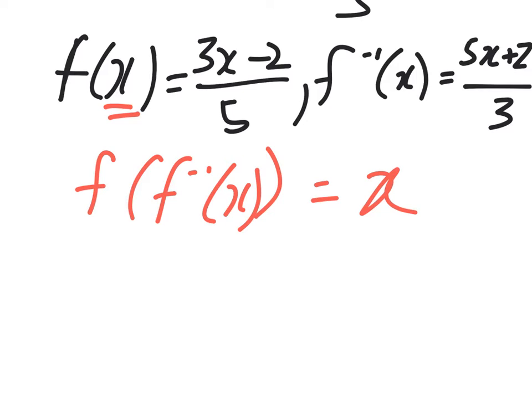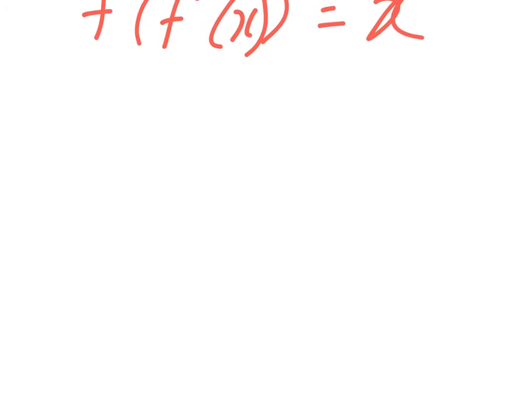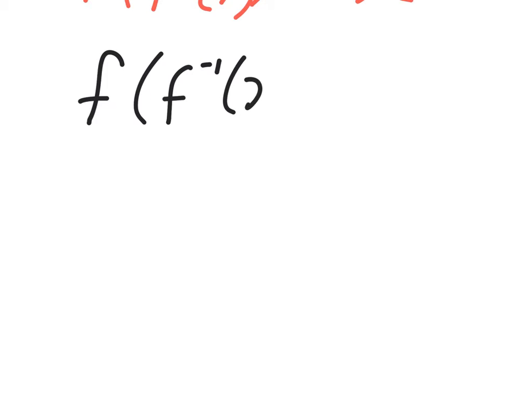So you can verify that f inverse of x and f of x are actually inverses by doing this. Let's write that in black pen instead. So I'm going to do f of f inverse of x.